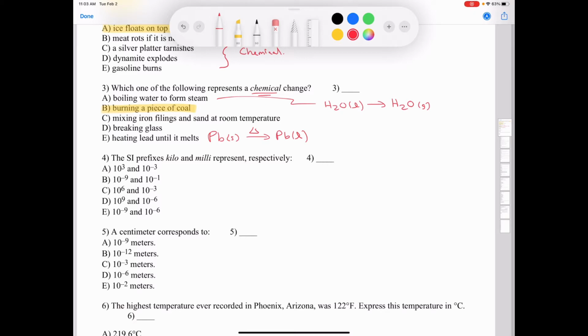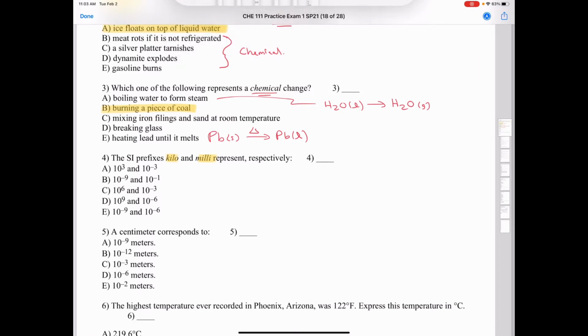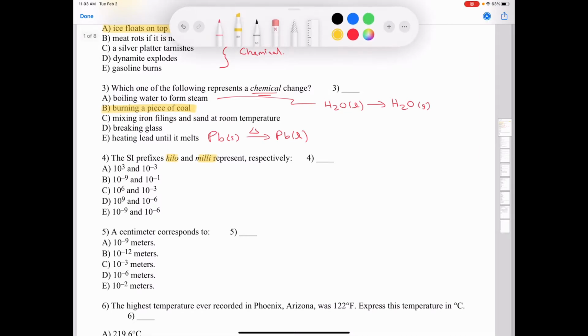The next one just involves some memorization of prefixes, the SI prefixes for kilo and milli. So if we think about a kilogram with respect to a gram, in 1 kilogram there are 1,000 grams. So the SI prefix kilo represents 1,000, or 10 to the power of 3. And milli, if we think of, say, in 1 liter, there are 1,000 milliliters.